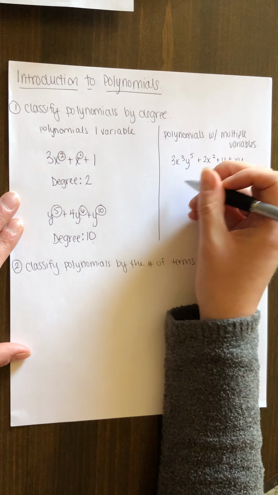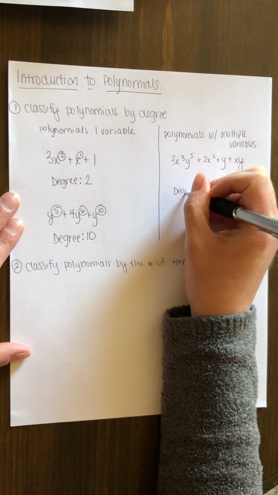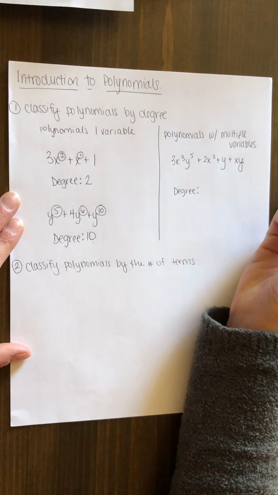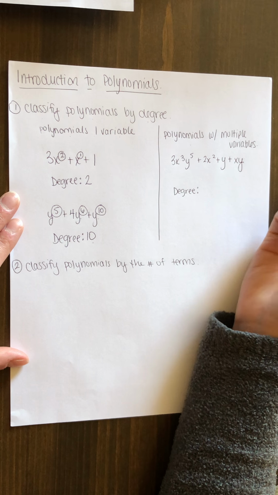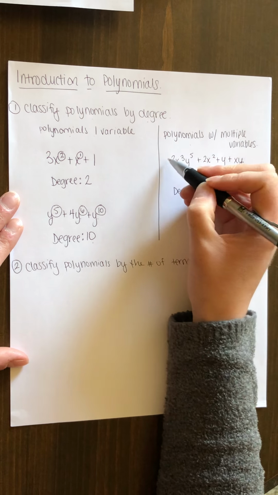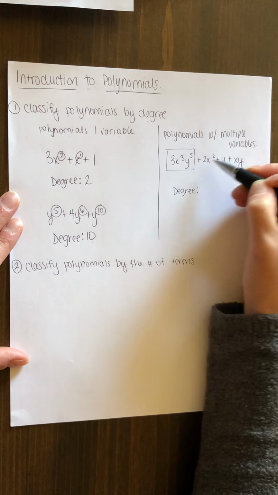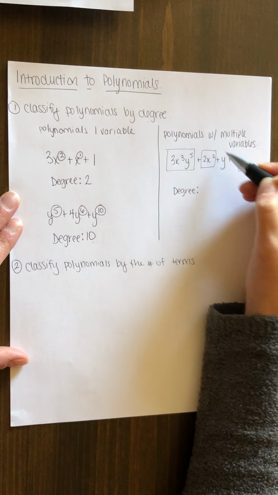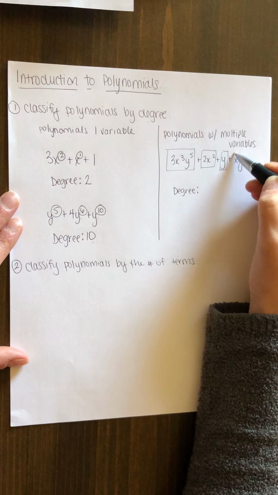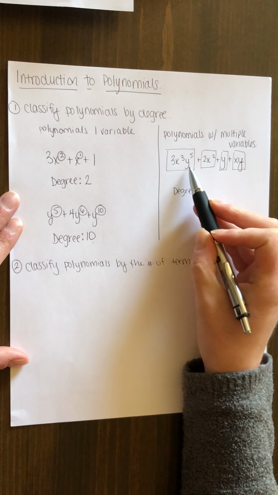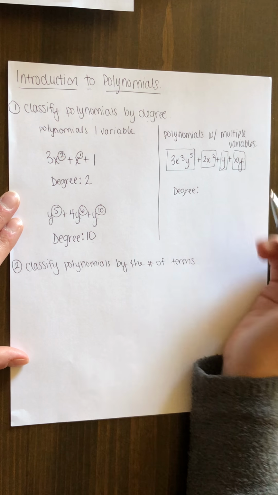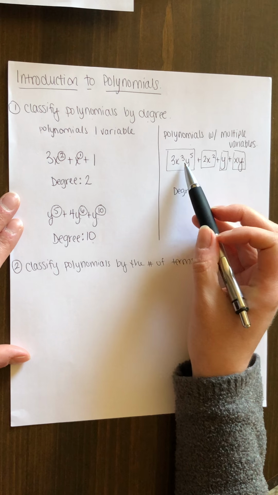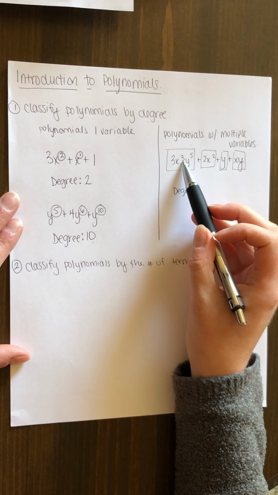To figure out the degree, you want to look at each term, and I'll talk more about this, but each term is going to be separated by plus or minus signs. So I have 4 terms here. What I want to do is look at the degree of each term.